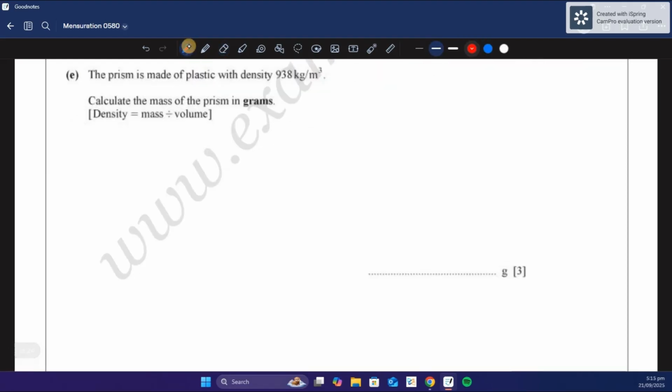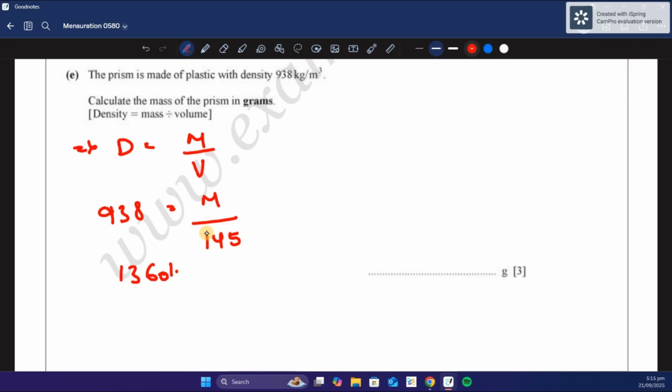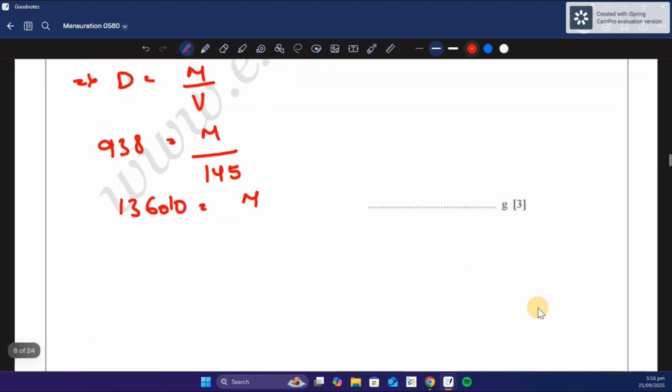Alright, part E. So the formula for density is equal to mass over volume. We know the density is 938, and we know that we don't know the mass, and we know that the volume is already given, which is 145. So that should give us 938 times 145, which is 136010.